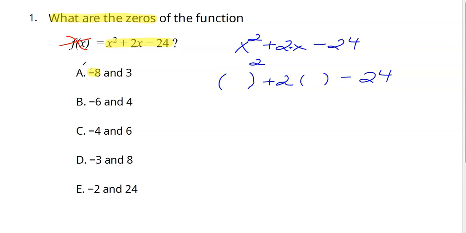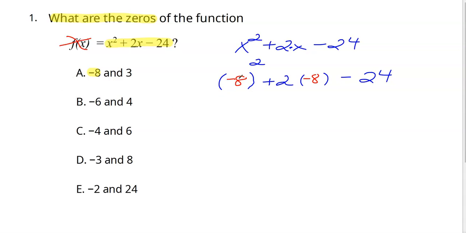And now I'm going to plug in 8 for x. Or I'm sorry, -8. So x is -8. I'll put a -8 here. I'll put a -8 here. And let's evaluate this and see if it comes out to 0. If it does, then A is possibly an answer choice. If it doesn't come out to 0, I can go to the next answer choice to see if that works.